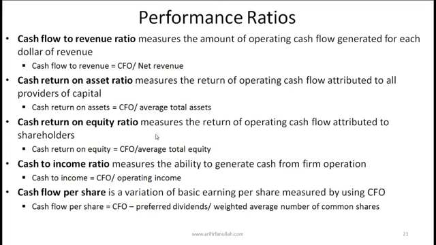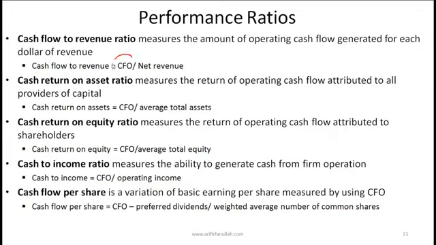With performance ratios, you are determining the performance of a company, and there will be cash-flow-oriented analogies to ratios you'll find in the income statement. Cash flow to revenue is simply the total cash flow generated through operations divided by net revenue.